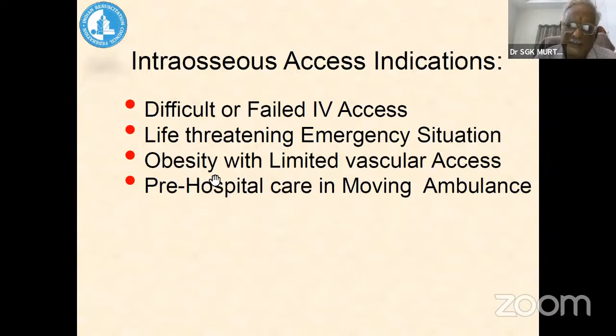If the patient is very obese and we are not able to find any landmarks, we can think of the intraosseous line. Sometimes in the pre-hospital setting, in the ambulance also, because the patient will be moving and the IV line will be difficult, we can take an intraosseous line.